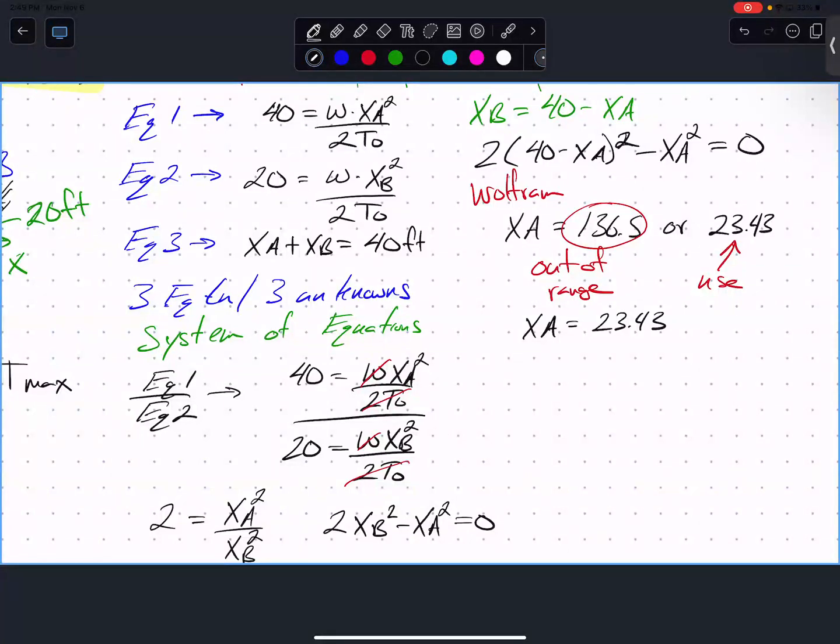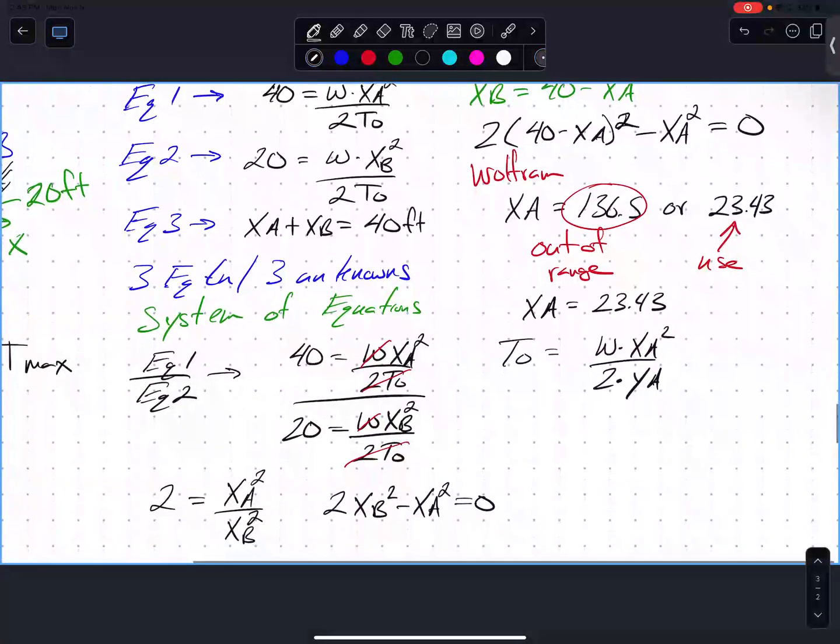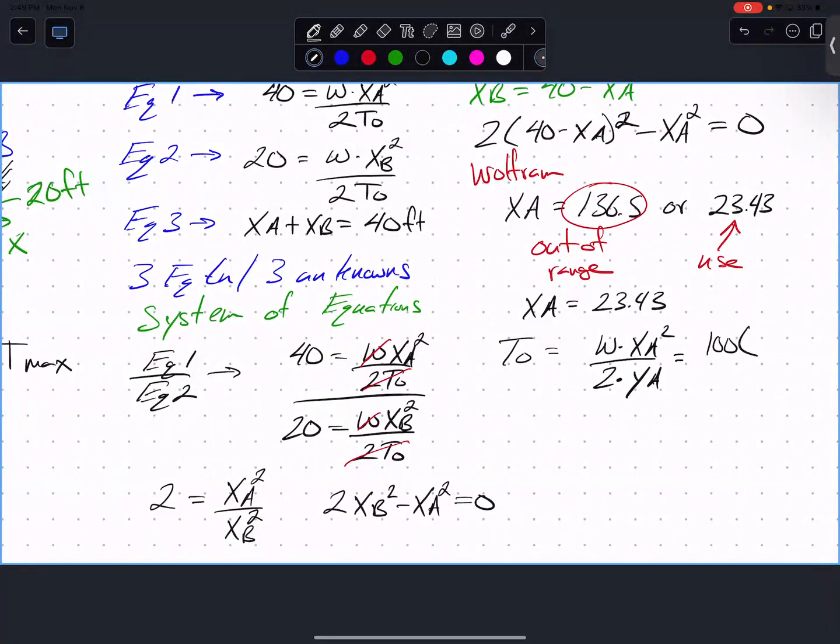We can now solve for T naught. T naught is equal to w times xa squared over 2 times ya. So that's going to be 100 times 23.43 squared divided by 2 times 40. We're going to find that T naught is equal to 686.08 pounds.